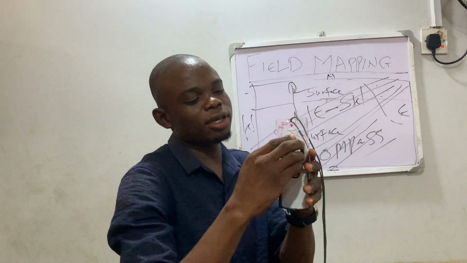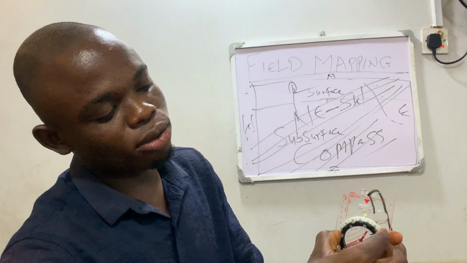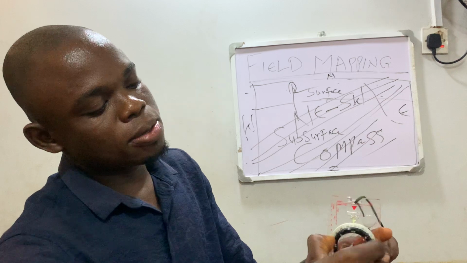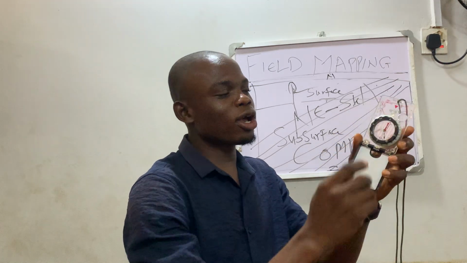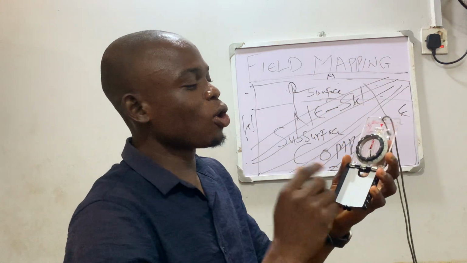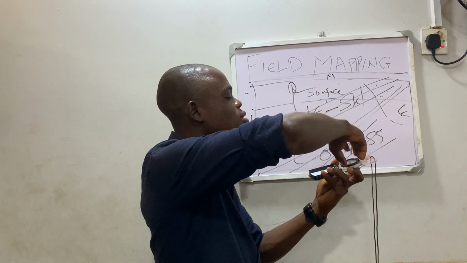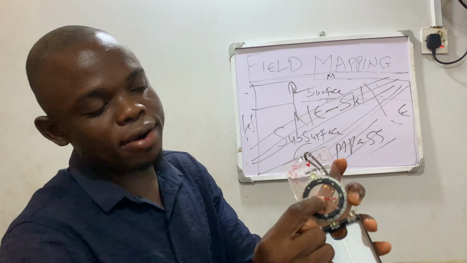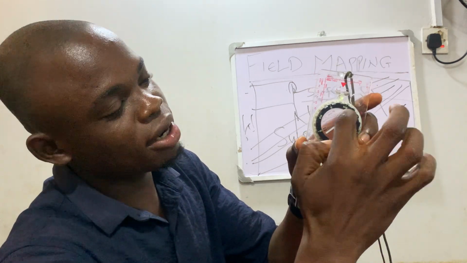You just see this, it has a lip where you can actually twist it either clockwise or anti-clockwise. So now, as I'm facing, make sure that the red arrow aligns to the red.